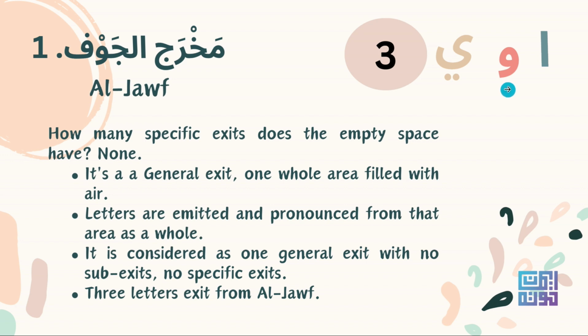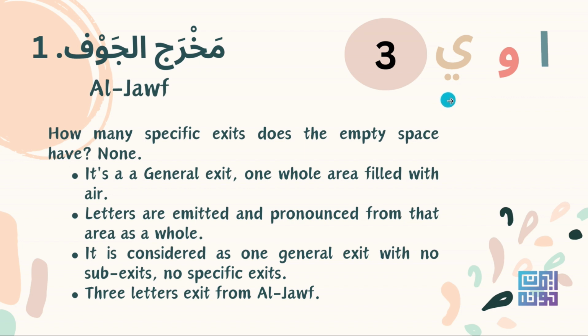The waw, when it's a sukoon and before it a letter with a dhamma, then it's elongated in its pronunciation. We say oo, boo, su. So we elongate the dhamma that exists before the waw because of the waw sukoon.